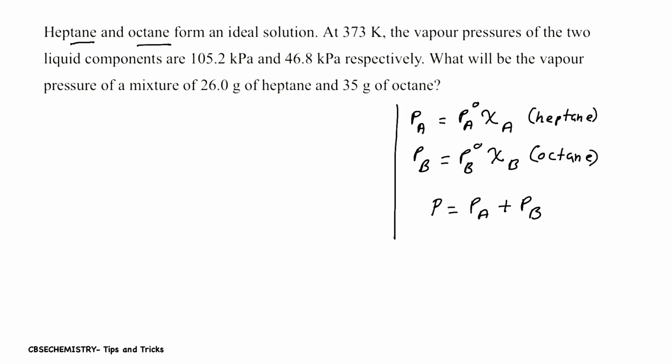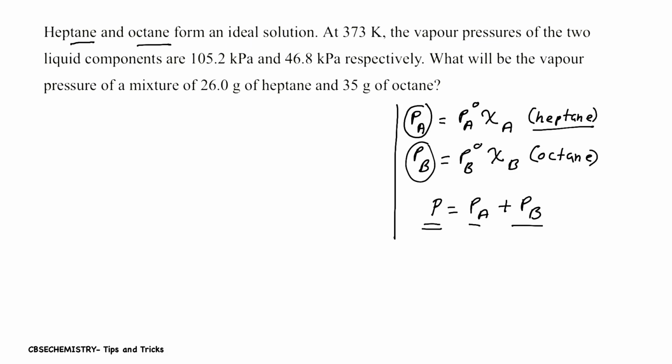Okay. So what is the meaning of Pa? Pa means partial vapor pressure of heptane. I am taking A as heptane in solution. And Pb is partial vapor pressure of octane in solution. Now adding the partial vapor pressure, you will get the total vapor pressure of the solution.